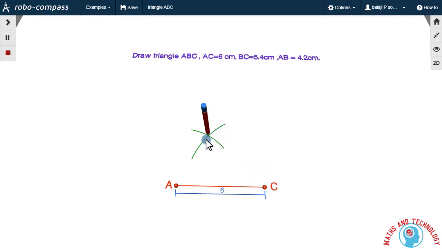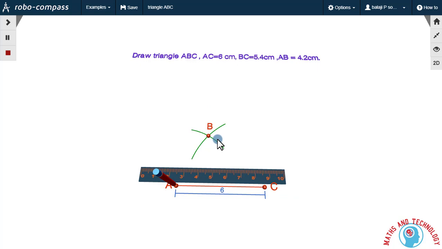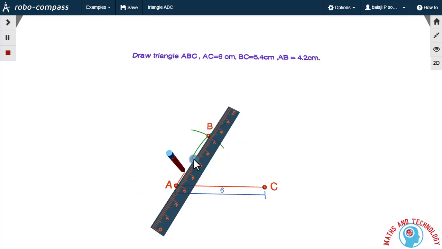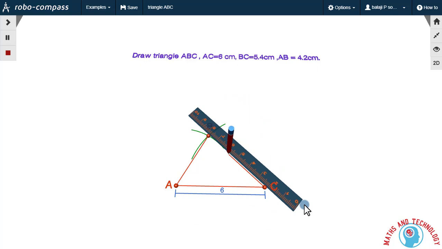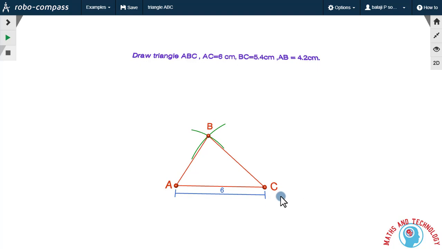At the given point take the point B, join AB and BC with the help of scale, and this is our required triangle ABC.